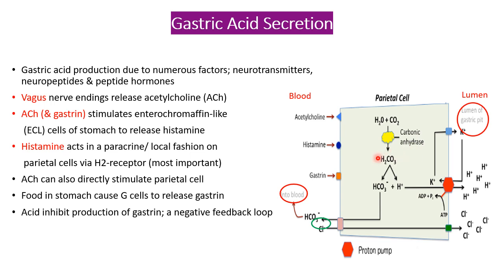Carbonic acid is split into bicarbonate and hydrogen ions. The hydrogen ion is pumped into the stomach lumen by the proton pump, and then it combines with the chloride there. The bicarbonate diffuses back into the blood, and that is known as the alkaline tide.